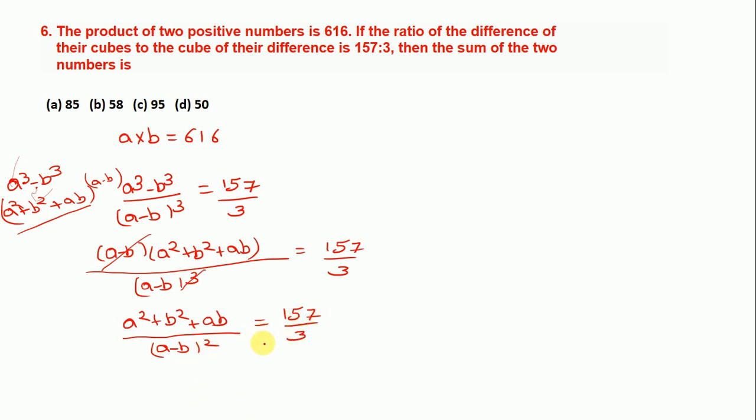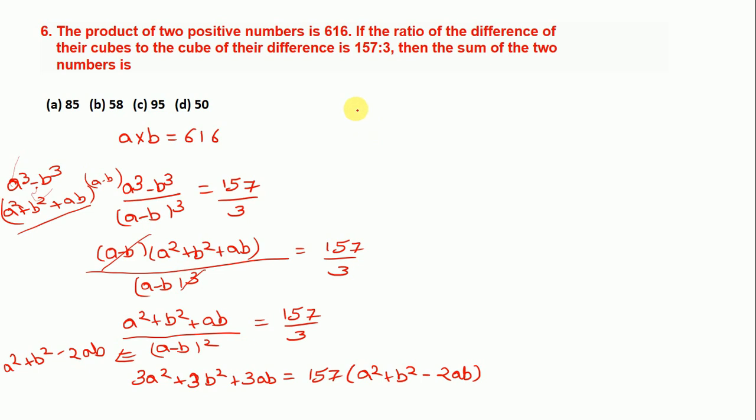Now we have to open this. It will be equal to 3a square plus 3b square plus 3ab, 157 times a square plus b square minus 2ab. I have opened this identity here, and the value of a minus b whole square is equal to a square plus b square minus 2ab.